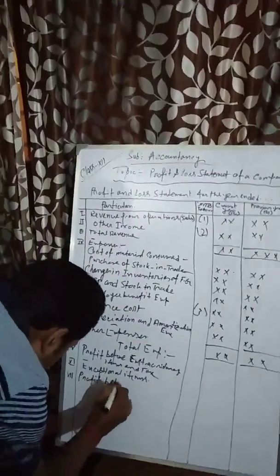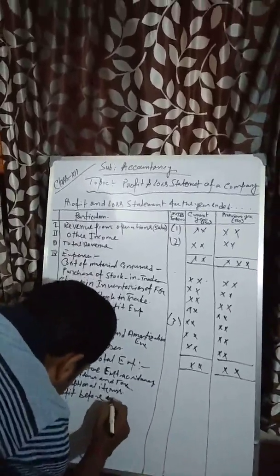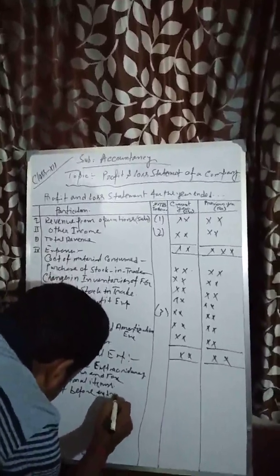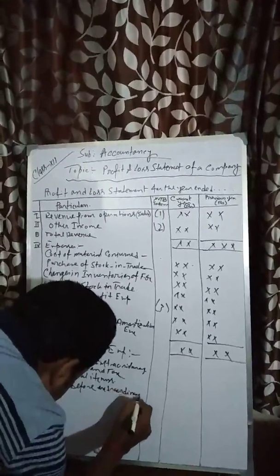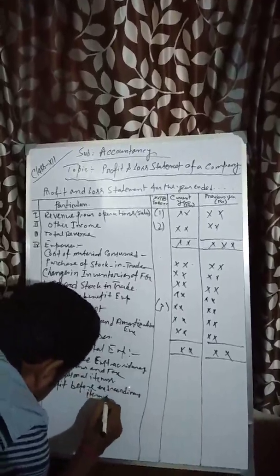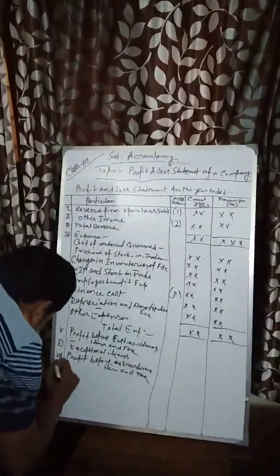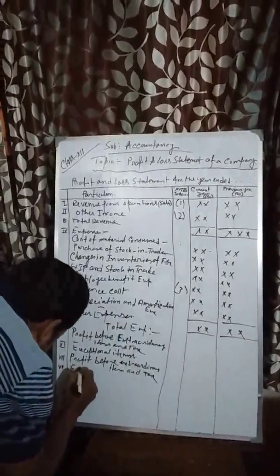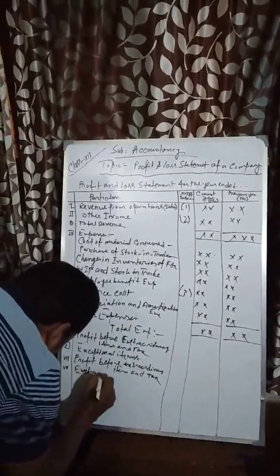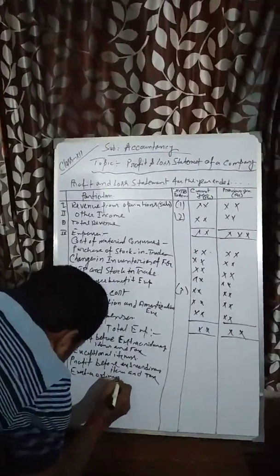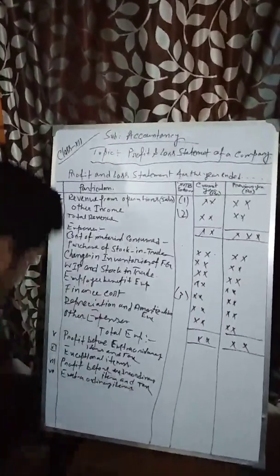Now it is profit before extraordinary item and tax. Then you have to deduct the extraordinary items.